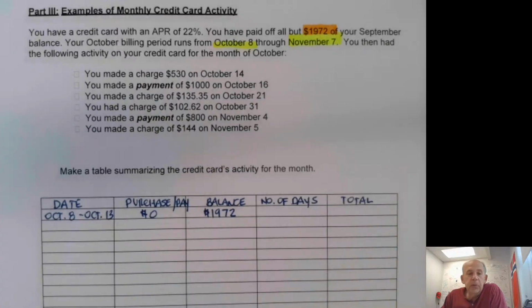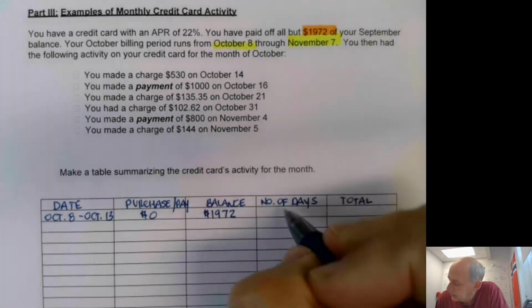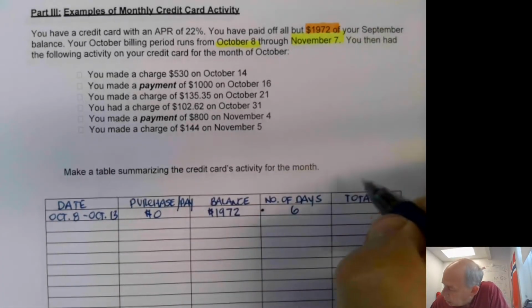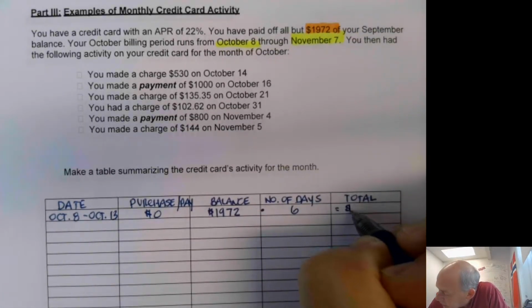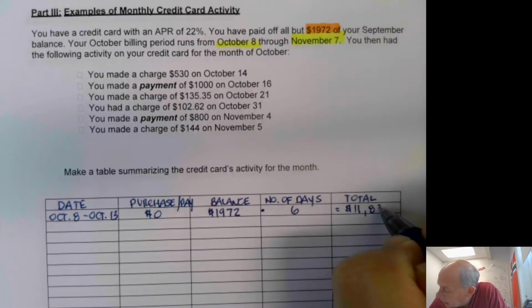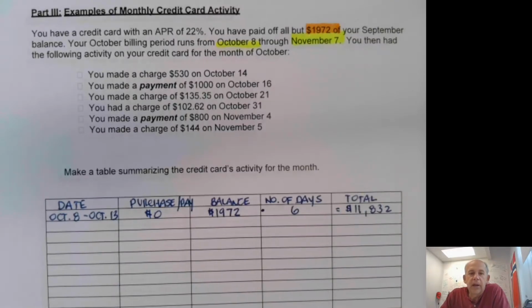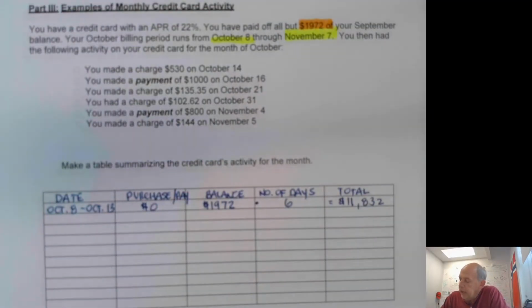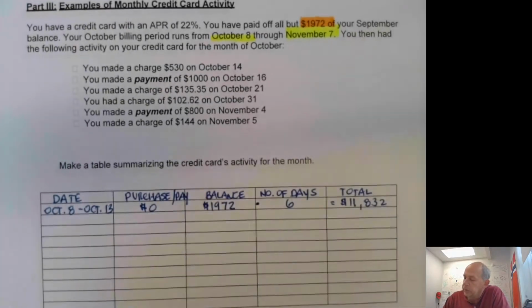A lot of people put 5 here, but it's October 8th, 9th, 10th, 11th, 12th, and 13th, 6 days. To get the total, we multiply these two values and come up with $11,832. So there is our first interval for the month of October.